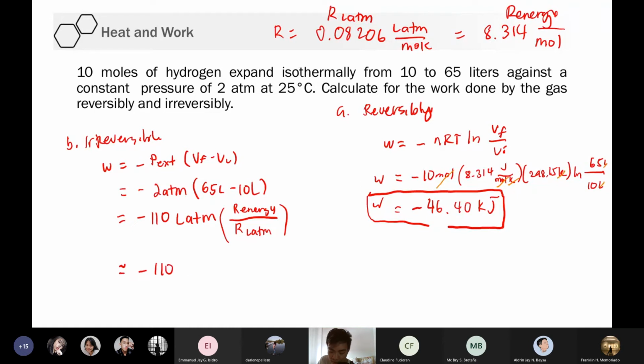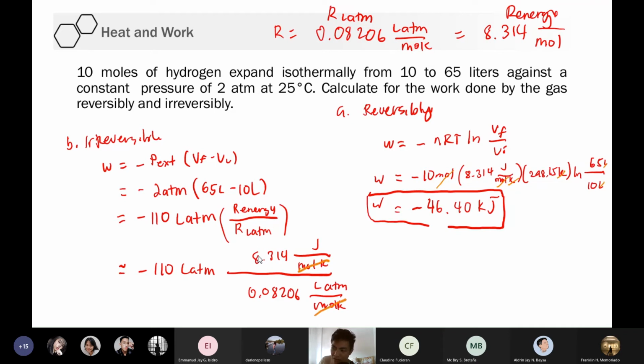Negative 110 L atm. Okay? So, 8.314 joule per mole Kelvin over 0.08206 L atm per mole Kelvin. Mapapansin mo yung mole Kelvin, pwede mo sila i-cancel. Yung L atm, pwede mo i-cancel doon.